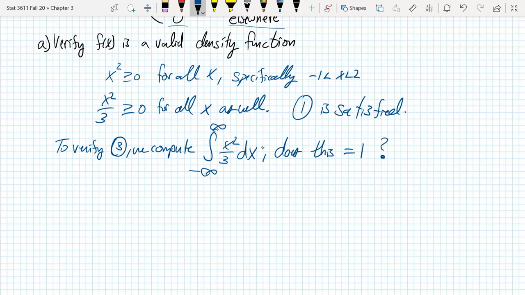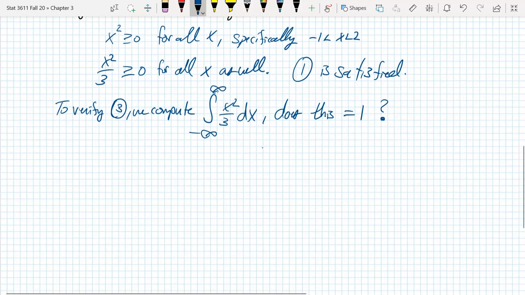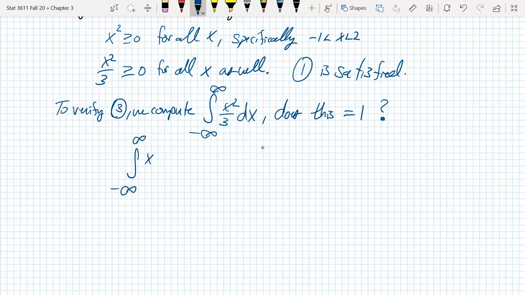That is the question. All right, so let's go ahead and set this up. Now I'll do the actual integral calculation here, x squared over 3 dx.